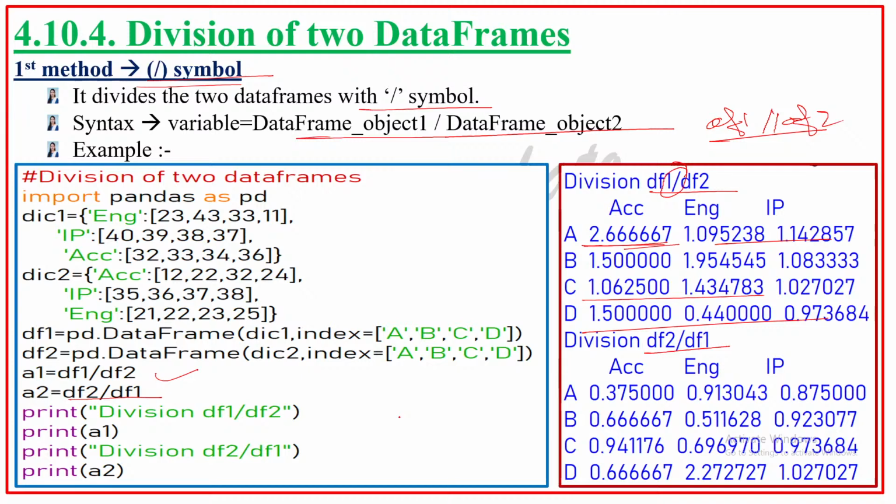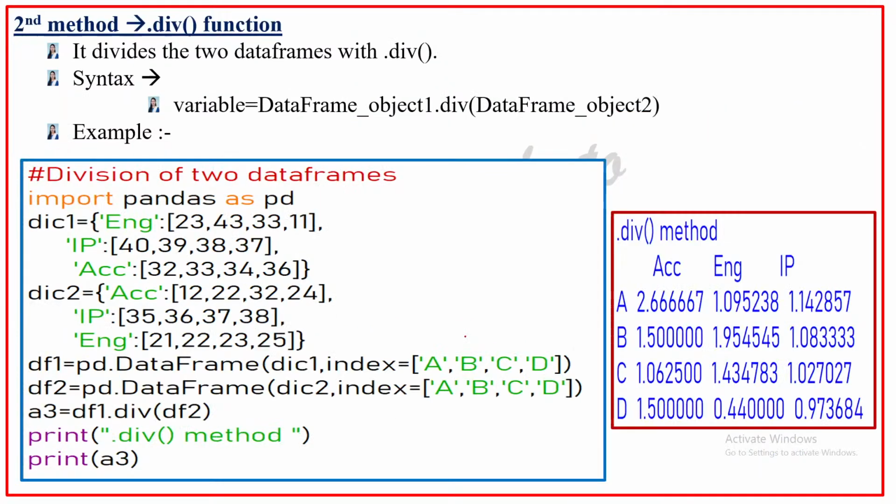This is the division. Now dot div, the second method. So two data frames with the dot div method. Syntax: variable equal to data frame object 1 dot div data frame object 2.